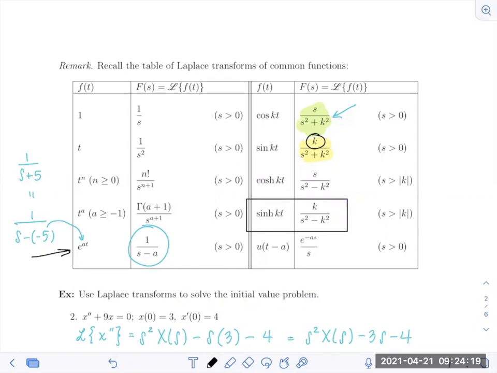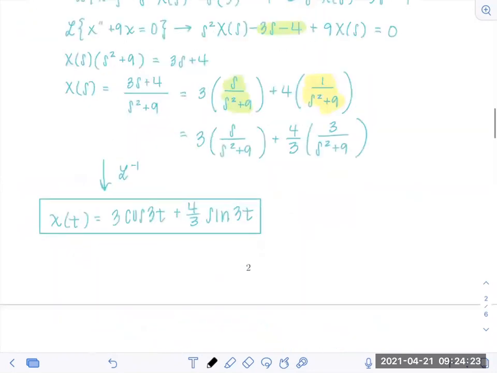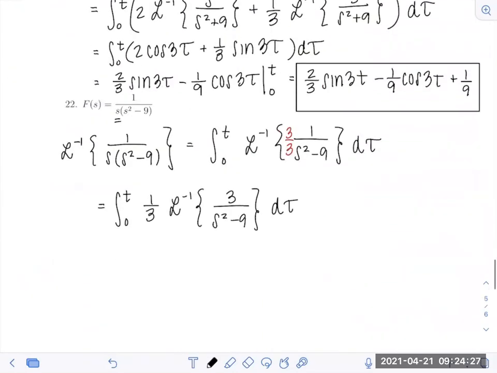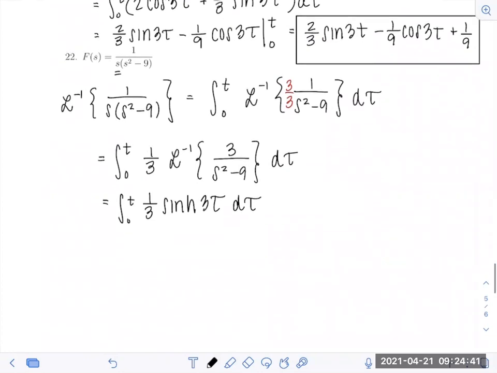So this inverse Laplace transform is going to be sinh of 3t. So I have the integral from 0 to t of 1/3 sinh 3 tau d tau, keeping in mind that our variable of integration is tau here.